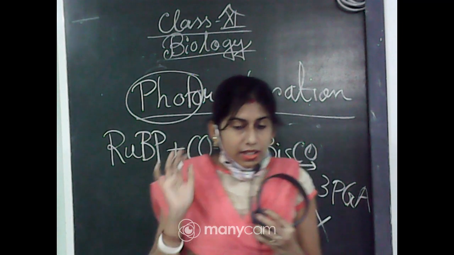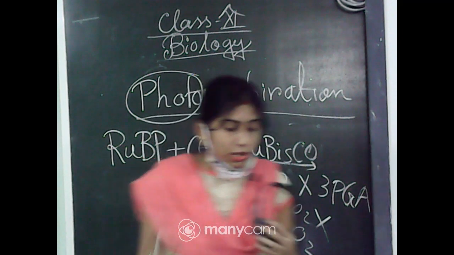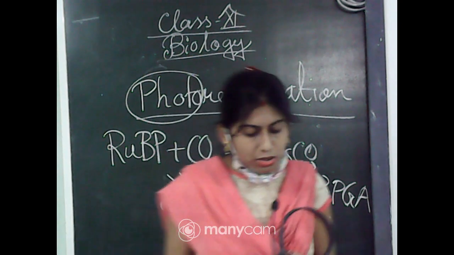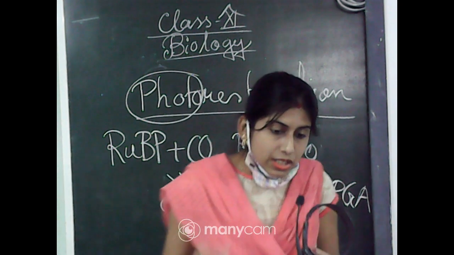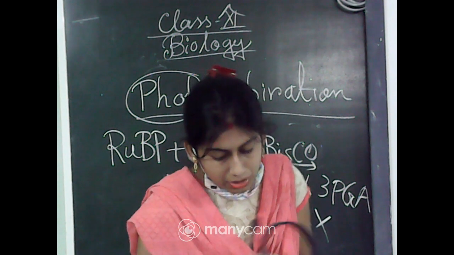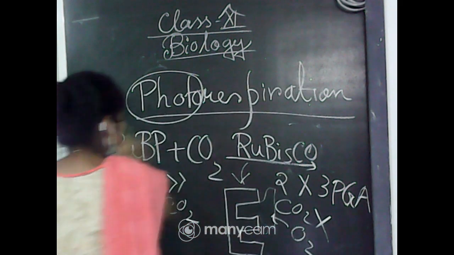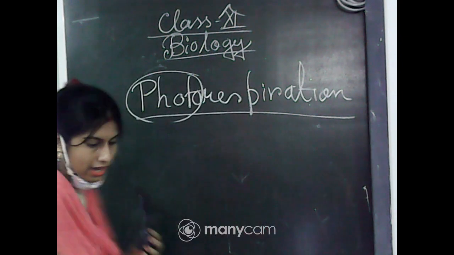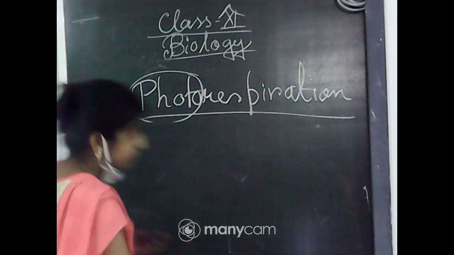And in the normal one, RuBP is converted into 2 molecules of PGA, but if it binds to oxygen, then it will convert into 1 molecule of phosphoglycerate and phosphoglycolate.